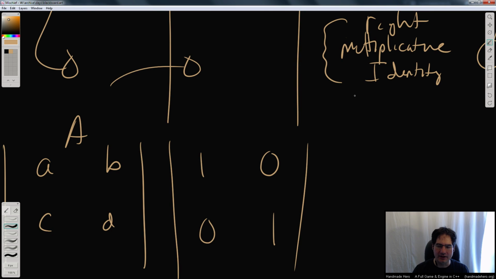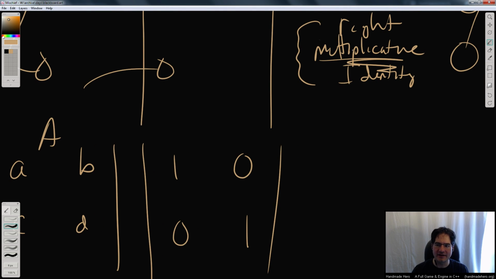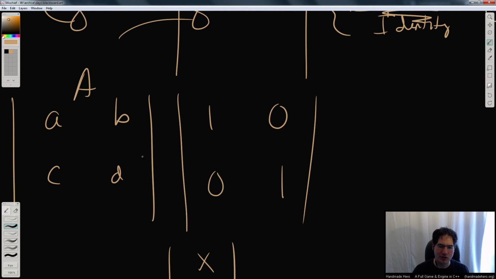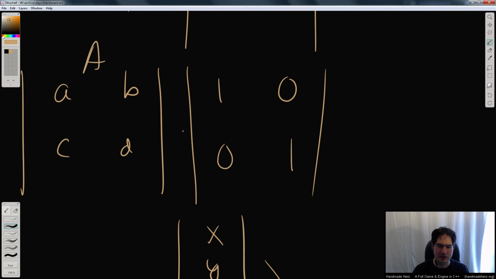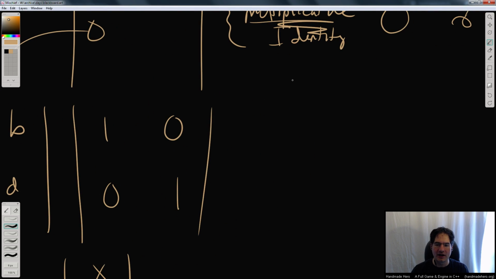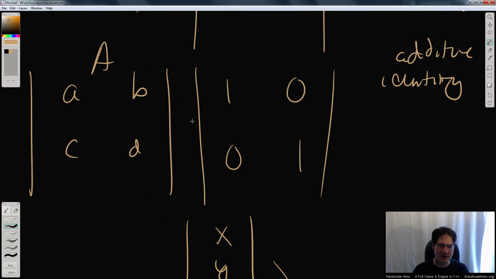The reason I said multiplicative identity is because it's the identity in terms of multiplication. You could imagine the additive identity, which would not be that. If I was going to add matrices together, adding matrices is exactly the same as with vectors: you just add each component.